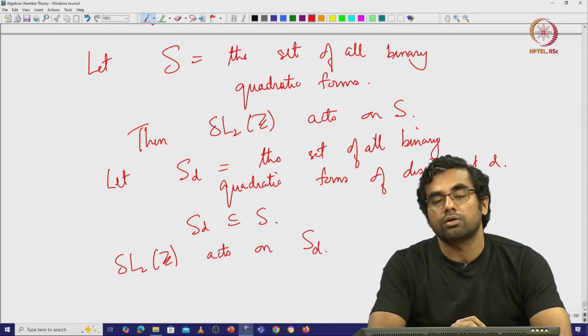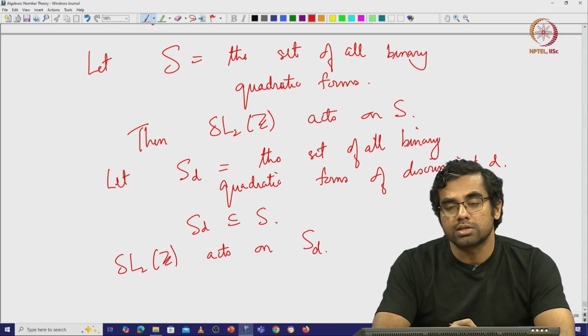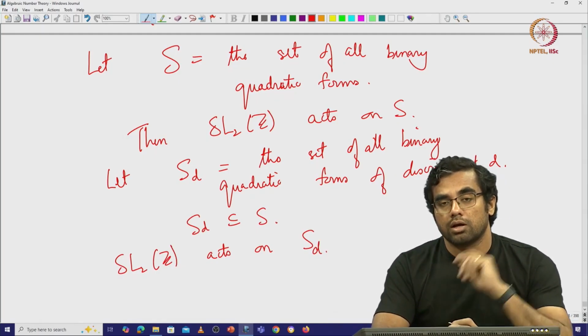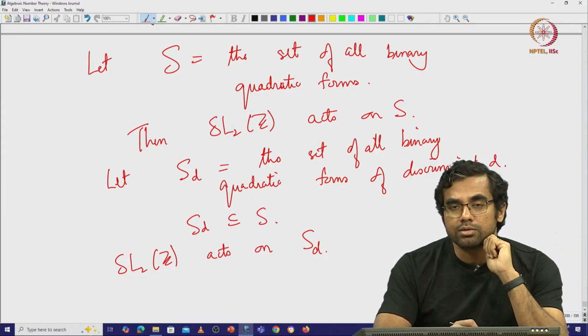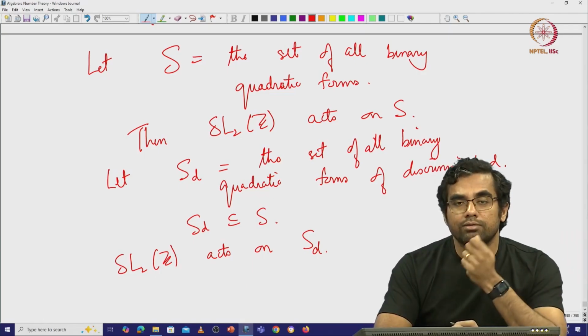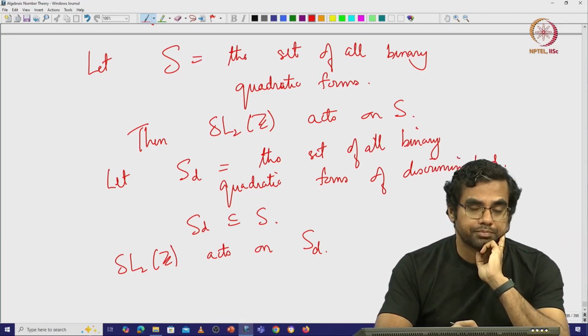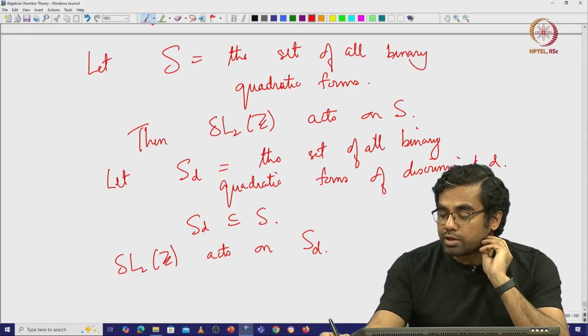Not only does it act on S, it also acts on this SD, because if you take a binary quadratic form and you act by some element of SL2Z, you get a binary quadratic form of the same discriminant.